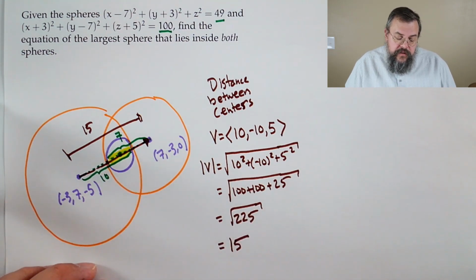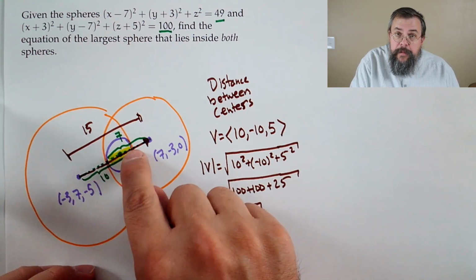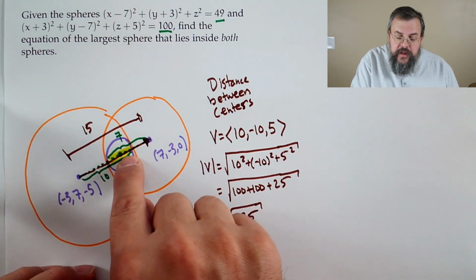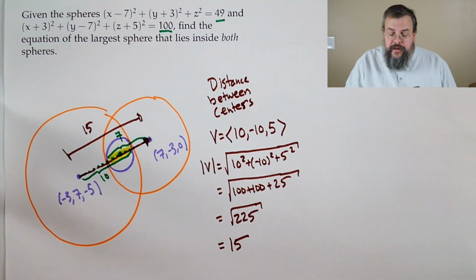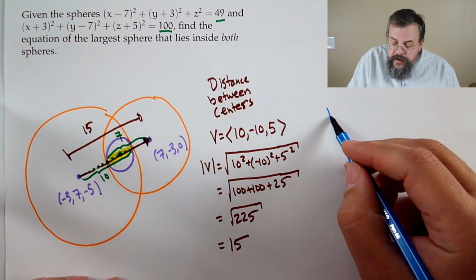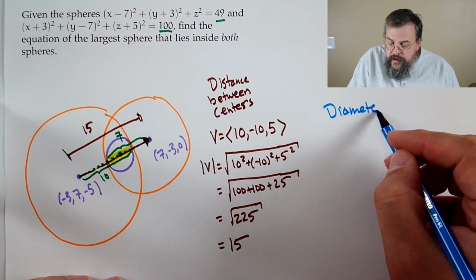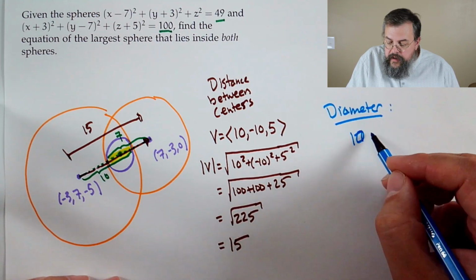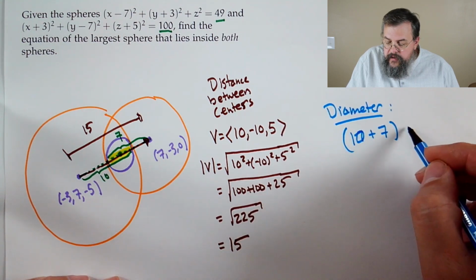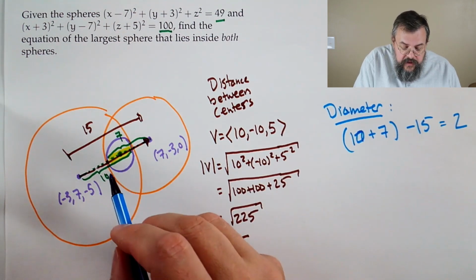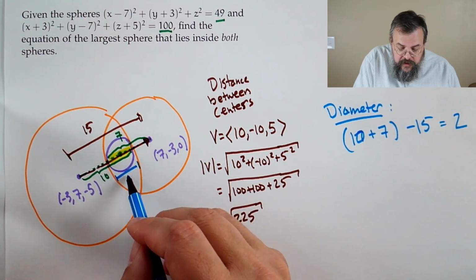So this diameter would be the same as adding the two radii together and subtracting 15. So the diameter of our sphere that we're after is going to be what? Add the 2 radii, subtract 15, which means it's 2. So this distance is 2.